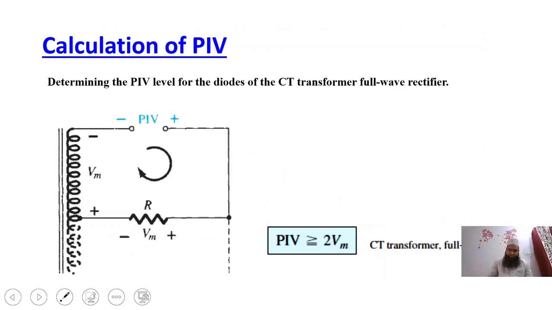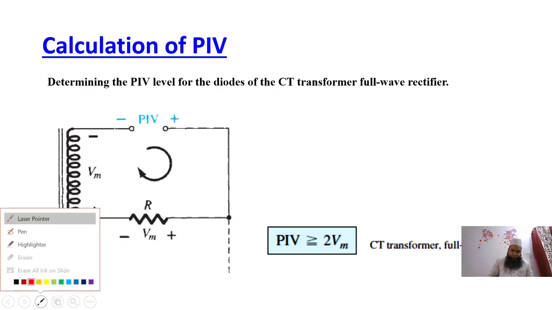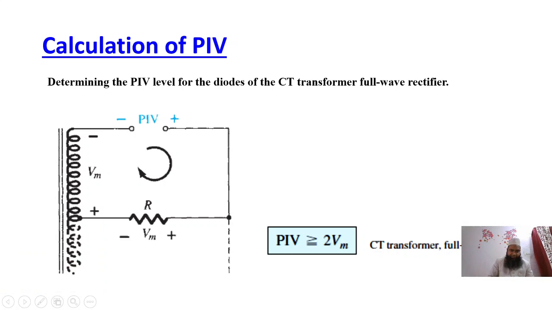Now we can calculate the peak inverse voltage. Peak inverse voltage is the maximum voltage appearing across the diode when it is reverse biased. We can see that when D2 is forward biased, then D1 will be reverse biased.